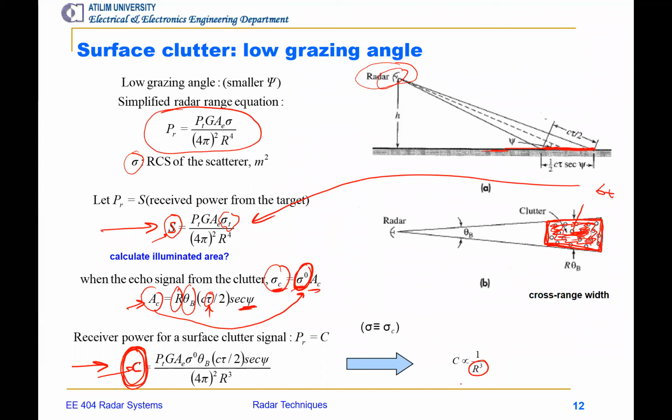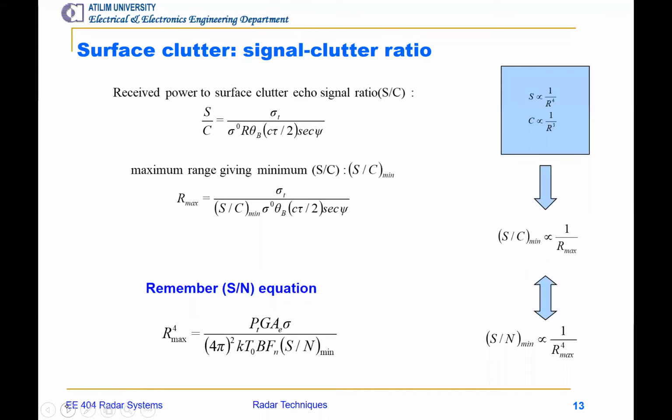It was r to the power 4 in the signal; as you see, the target signal power was inversely proportional to r to the power 4. Now the clutter power is inversely proportional to r to the power 3. Okay, so that's a very important point. The next slide will be discussing that.